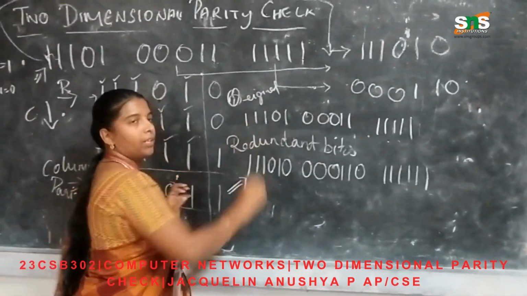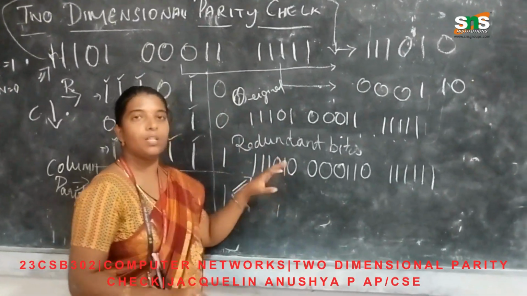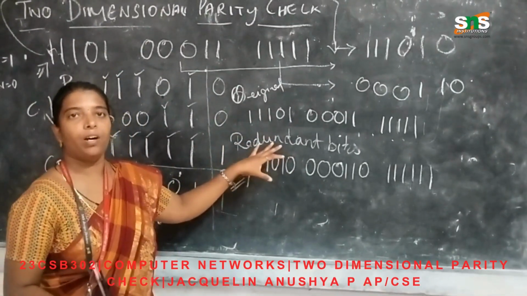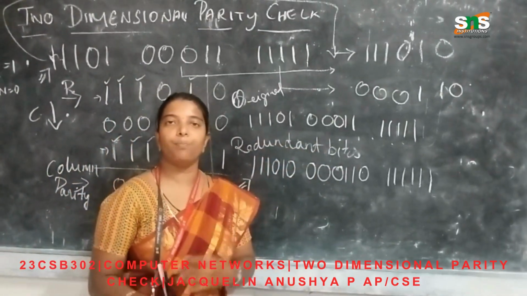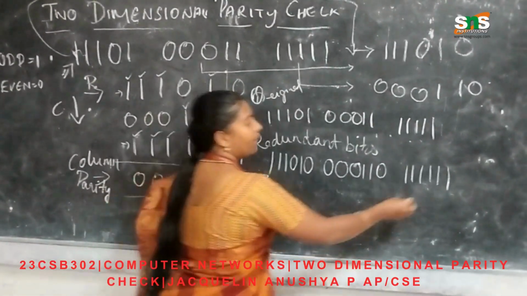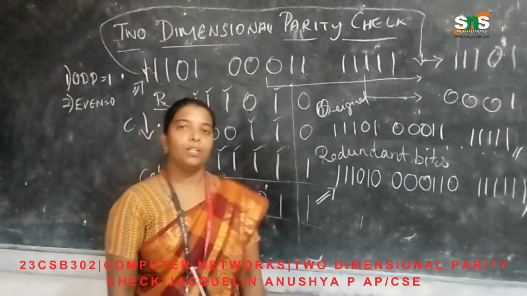So this is your original data bits and your redundant data bits. So you will be having a problem like this. By solving this we can do error correction by using simple parity and two-dimensional parity check, and this will be your final answer for this problem. So thank you.